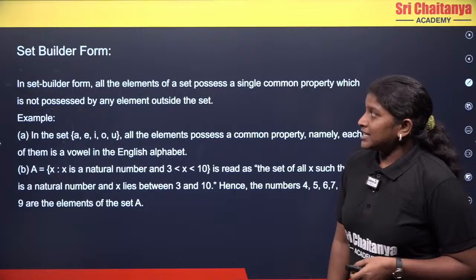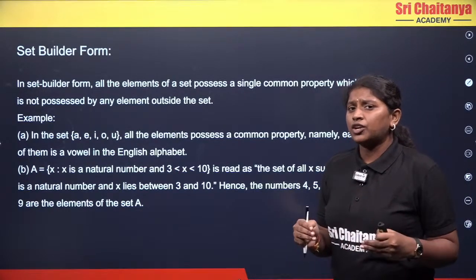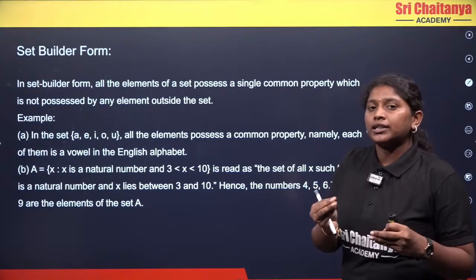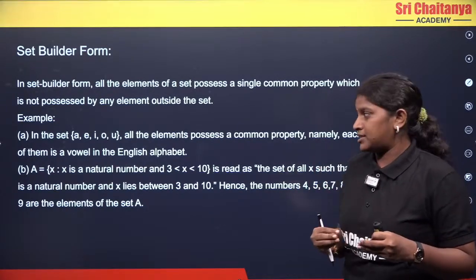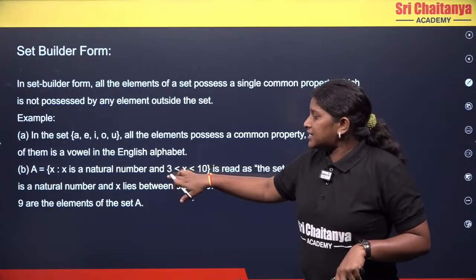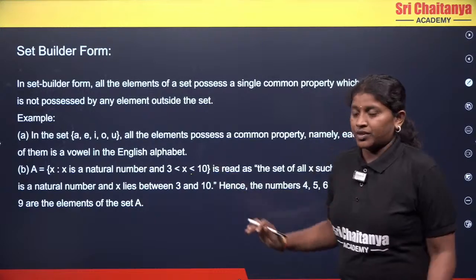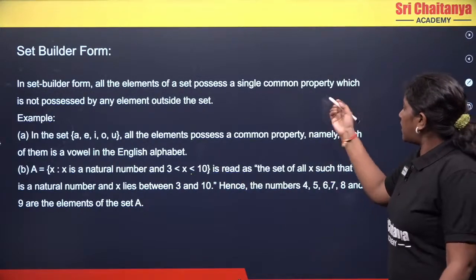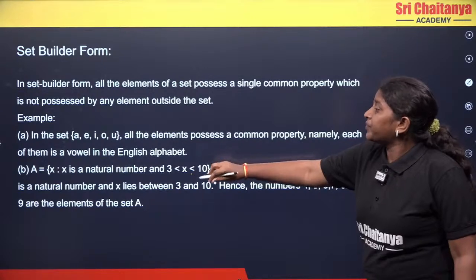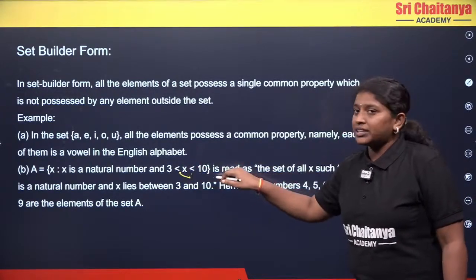Now moving to the next, the set builder form. Another thing we consider in order to represent the set is that we write the common property that we are having between the elements. Now let's see an example. If x is a natural number and x lies between 3 and 10, how can we write the set builder form? x is a natural number but x should lie between 3 and 10.